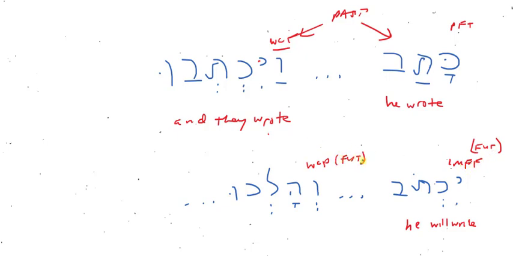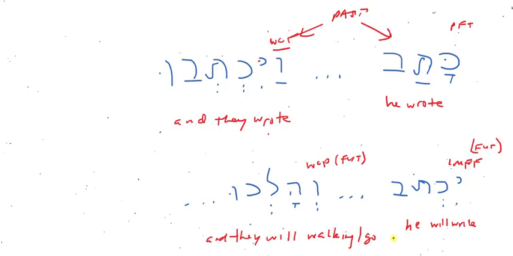It'll also be future, right? So he will write, and then what's halach mean? To walk or go. Who will do it? Right, and they will walk or go. Okay, does that make sense?